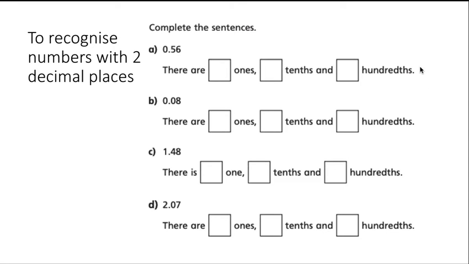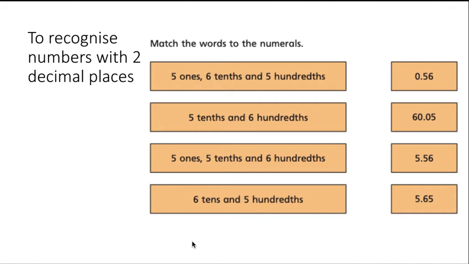Okay, so now you should have written out 1, 2, 3, 4 sentences, starting using the numbers just here. Let's move on to the next activity. Can you match the words to the numerals? So we've got 5 ones, 6 tenths and 5 hundredths. Which are you going to match that to?